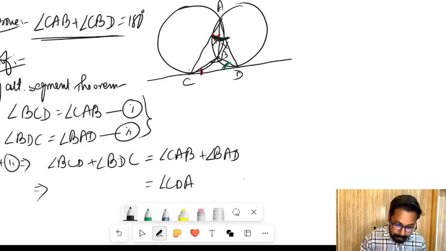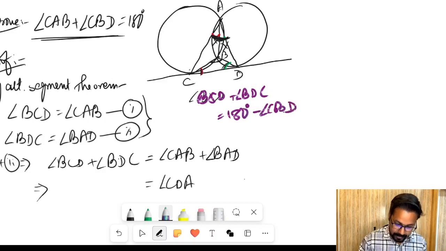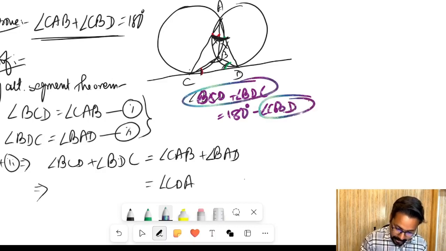That means angle BCD plus angle BDC must be equal to 180 degrees minus angle CBD, because the sum of these three angles should be 180 degrees. So when I take angle CBD to the right hand side, I get BCD plus BDC equal to 180 minus CBD.